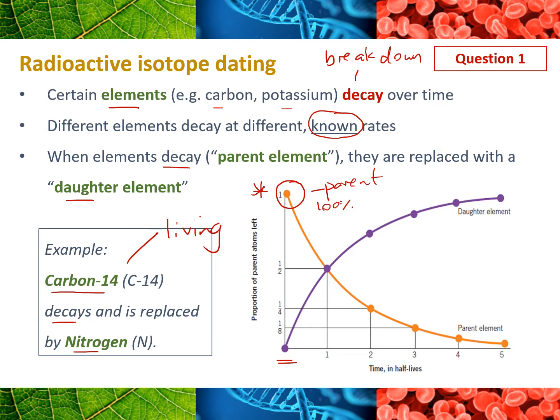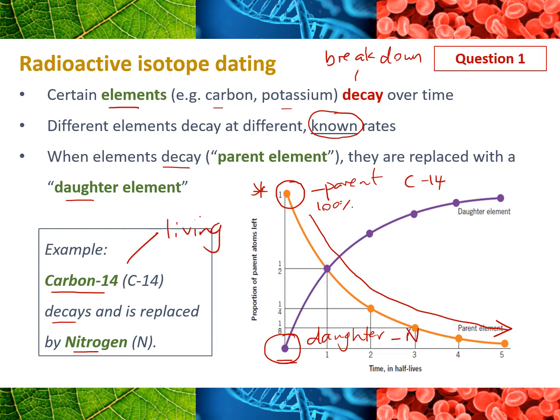That element is 100% there, and then over time it decays. So if we graphed that parent element over time, the amount of that element decreases. The purple is the daughter element. Okay, so in this example, the parent element was carbon-14 and the daughter element is nitrogen.